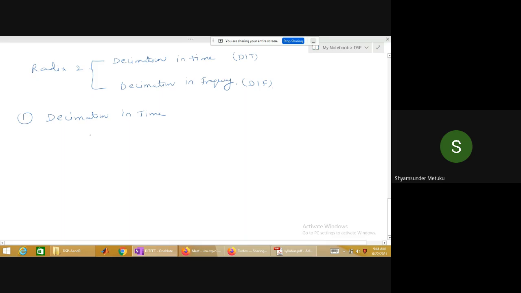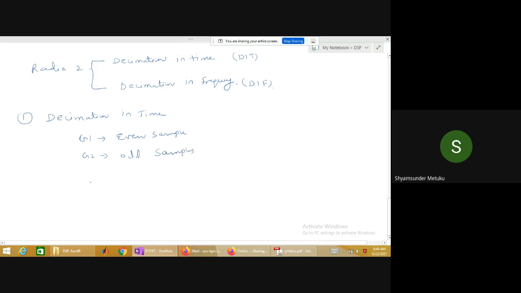You divide the group of given input samples into group 1, which must be the even samples. How you divide is up to you, it need not be sequential. Group 2 must be the odd samples. That is the meaning.